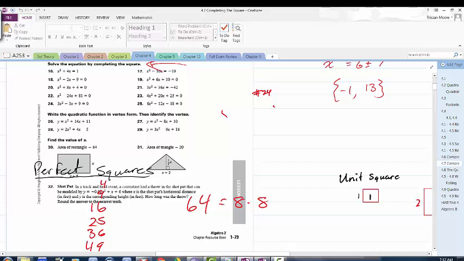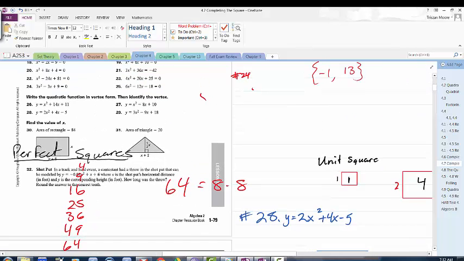Let's see, let's do number, which one should I do? Let's do number 29. No, let's not do number 29. Let's do number 28. If I do number 28, again, that's y equals 2x squared plus 4x minus 5.